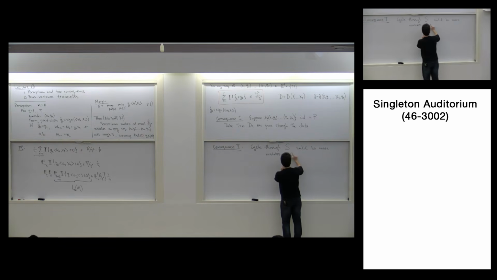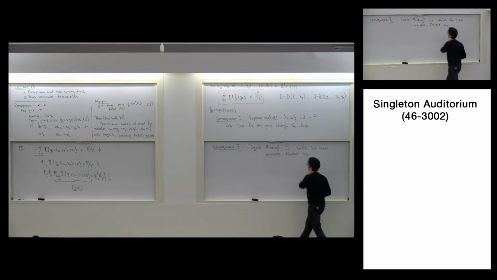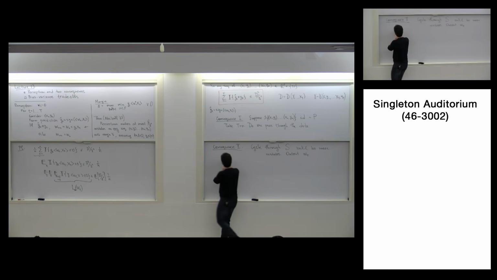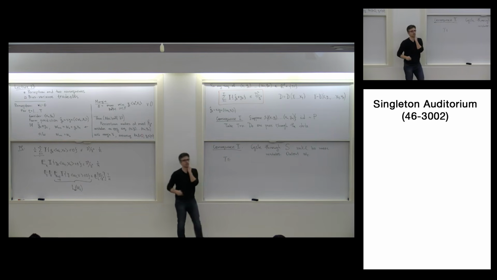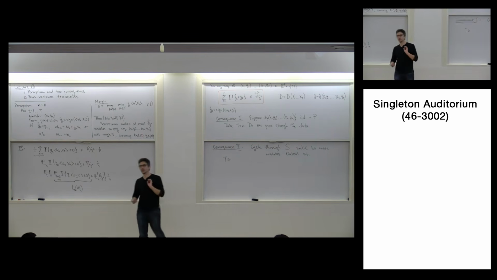Output W capital T. So what we know is that T is going to be upper bounded by what? Do we know that this will stop? Do we know that this process will stop?